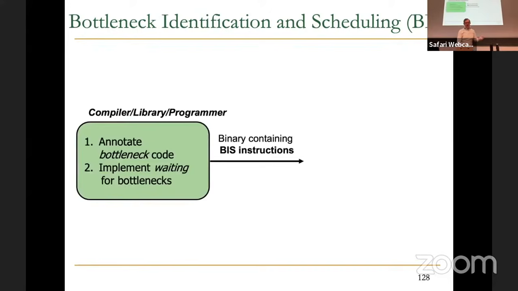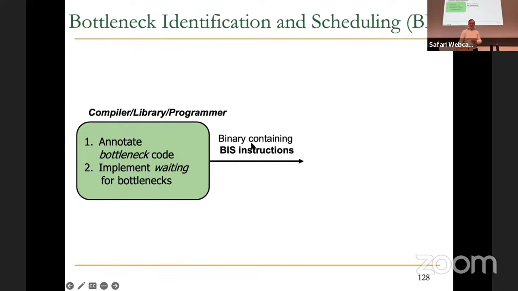Okay, so how are we going to identify the bottlenecks? That's a key question over here. So we're going to do, again, a hardware-software cooperative approach. Compiler, library, hopefully not the programmer, but if they wish so, the programmer can annotate the bottleneck code, and we will see what kind of annotations we use, and they're going to implement waiting for bottlenecks. This implementation of waiting will essentially associate a counter with each bottleneck, and that counter will count how many waiting cycles this bottleneck causes for different threads.